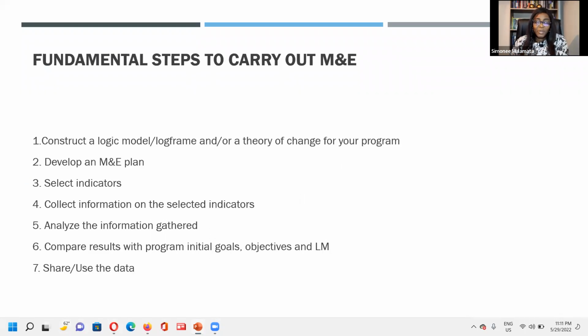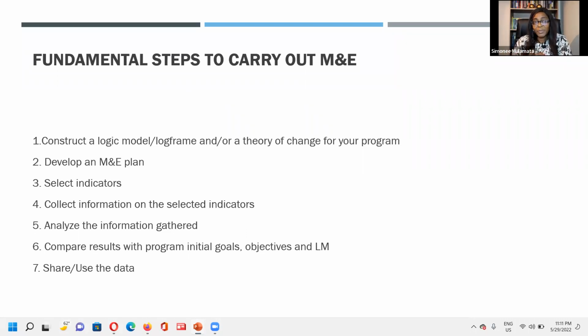Fundamental steps to carry out M&E. Number one step is you must construct a logical model or a log frame or a theory of change for your program. Whatever you use, your logical model or log frame is just the same thing. And the theory of change is dependent on the nature of the program.